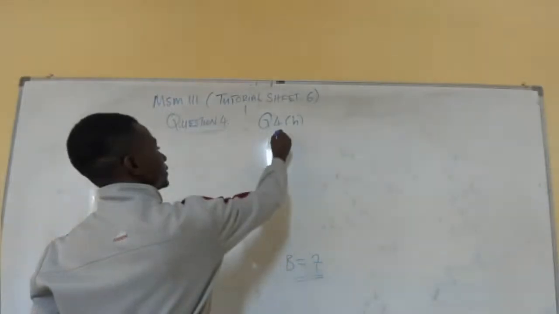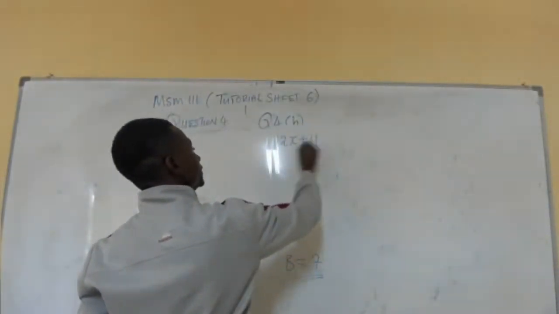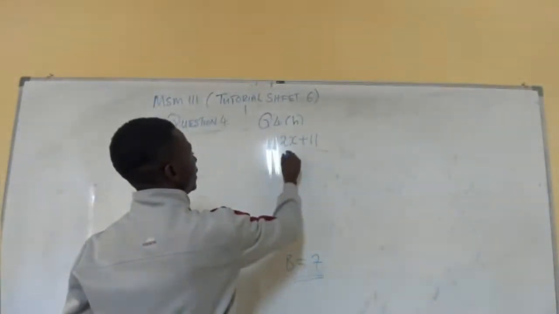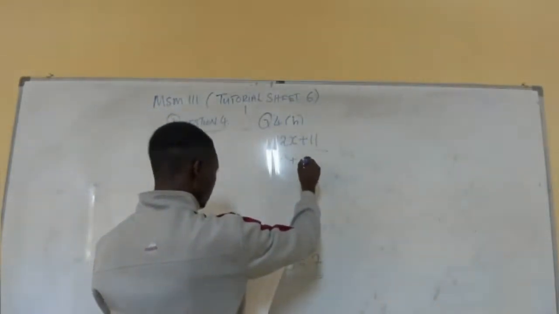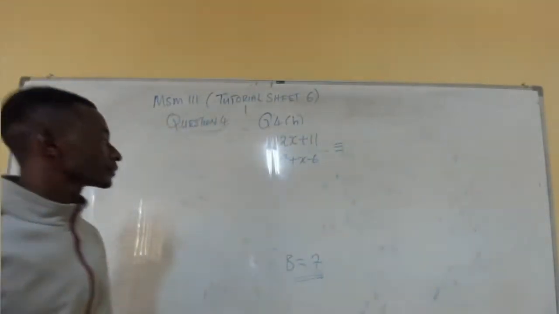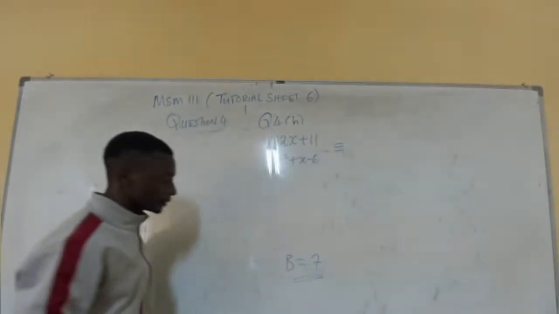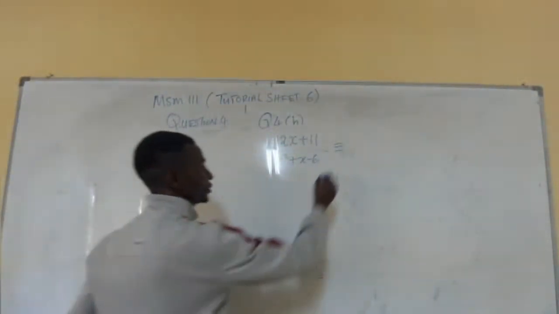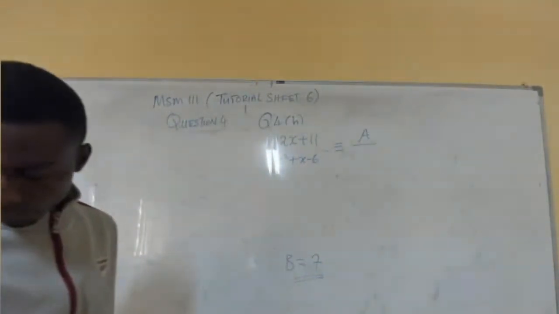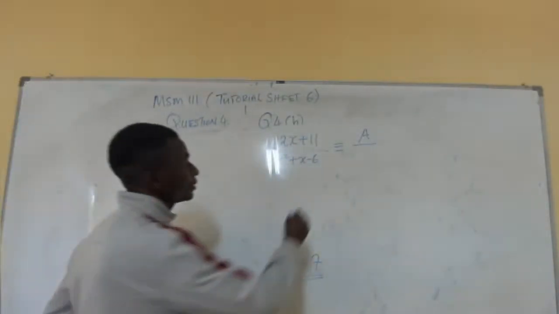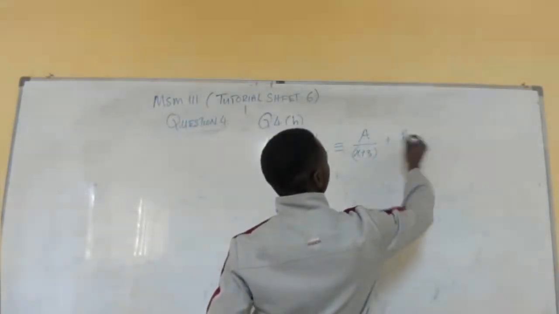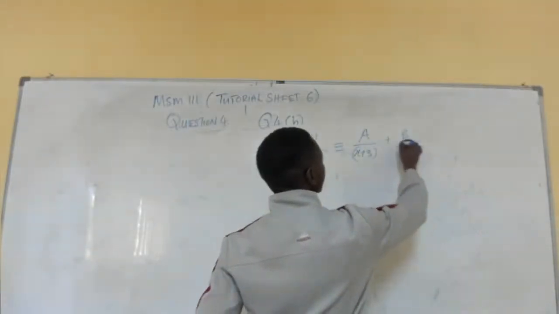The expression is here: 12x plus 11 over x squared plus x minus 6 is equivalent to a over x plus 3, b over x minus 2. The value of a is 5.